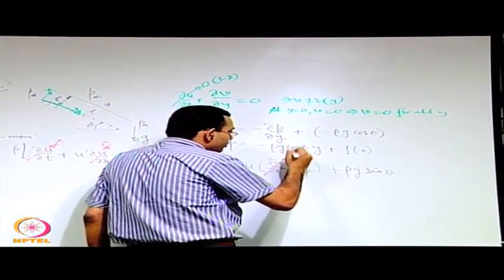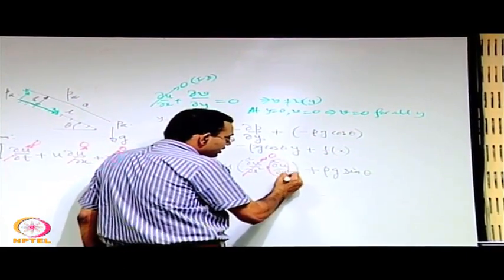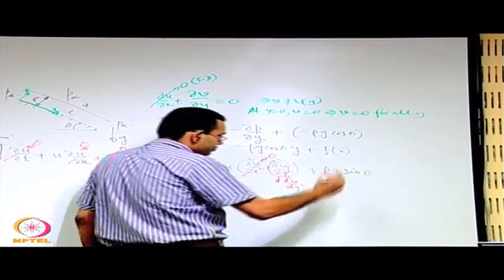Since it is fully developed flow, the second order derivative of u with respect to x is also 0, and u is a function of y only. So, this becomes the ordinary derivative d2u dy2.